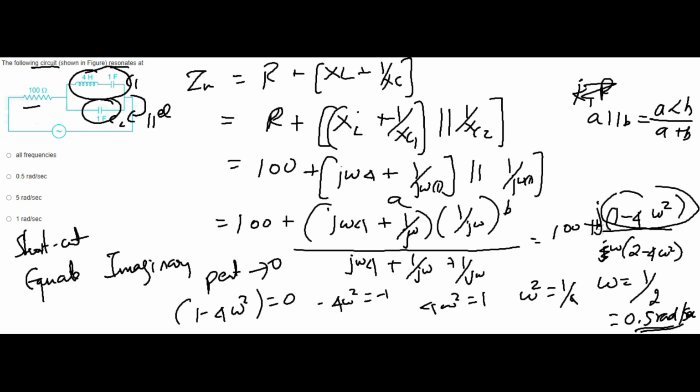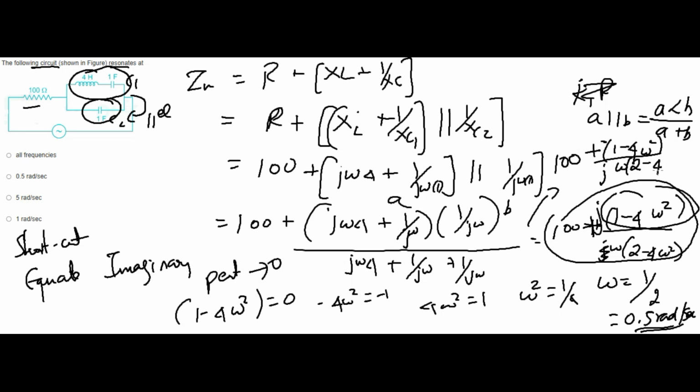Listen to me: if the j goes upside, it will become minus. So I rewrite this: 100 plus 1 minus 4 omega square divided by j into omega into 2 minus 4 omega square. I have to move the j from down to top.